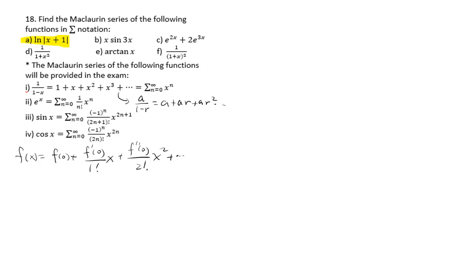You have log of x plus 1, but this itself is hard to figure out, whereas if you differentiate it, you get 1 over x plus 1. The derivative of log of x plus 1 is 1 over 1 plus x, which is really similar to the geometric formula.